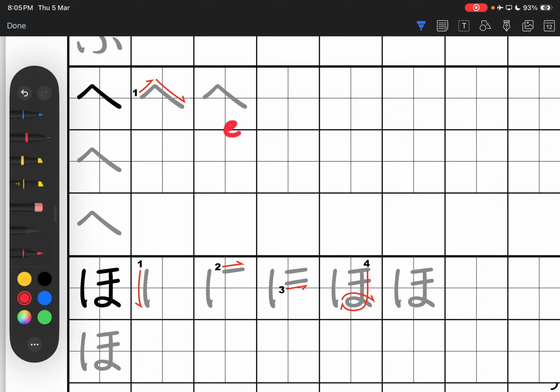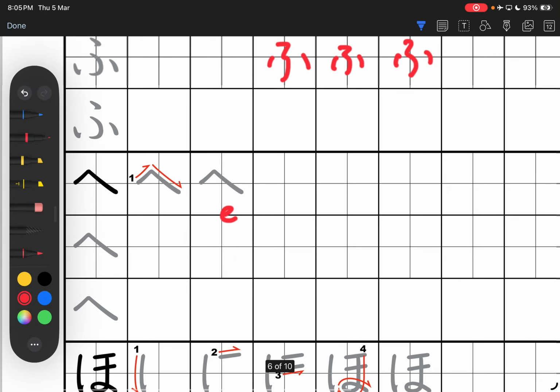The one on top, the letter E, is a shorter sound. Okay, and repeat after me. Okay, good. So how to write this guy? Very easy. 1, 2. 1, 2. Up, down. Are we good?